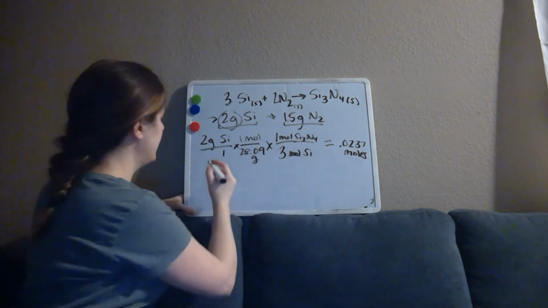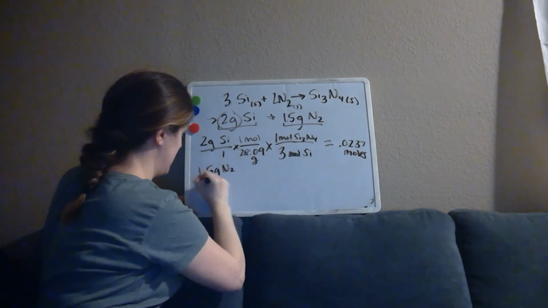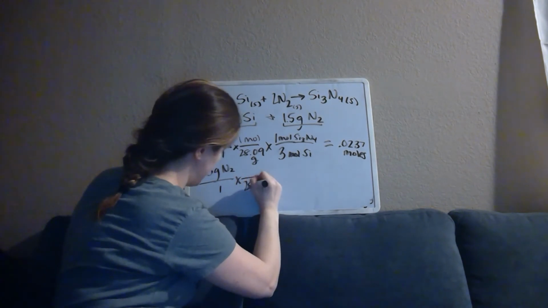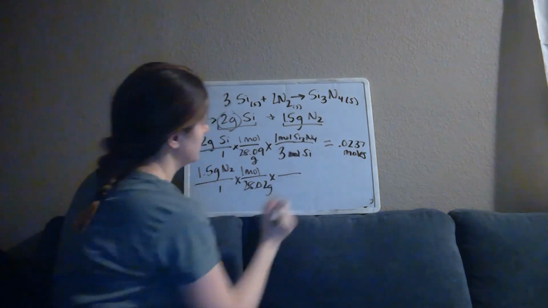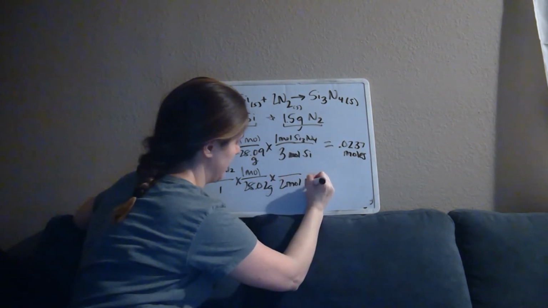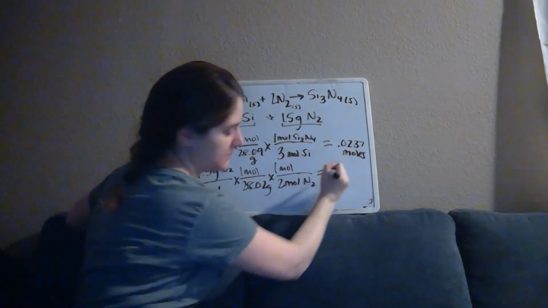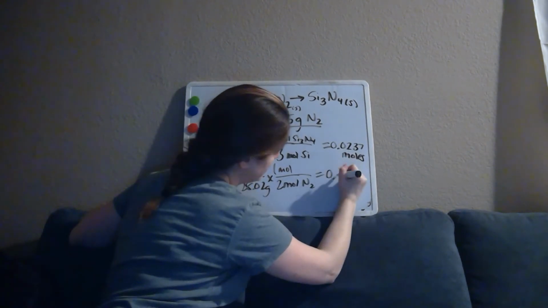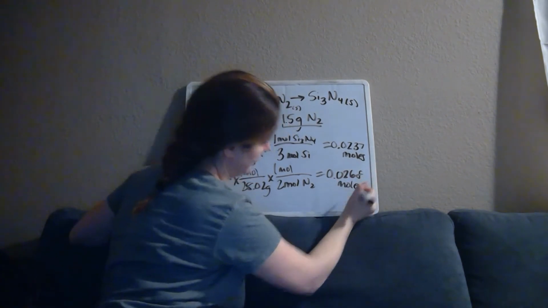On the other hand, if we have 1.5 grams of nitrogen over 1 times the molecular weight of nitrogen, so 28.02 grams per 1 mole, times the stoichiometric ratio between those. So for every 2 moles of N2, we generate 1 mole of product. In this case, we would make 0.0268 moles of product.